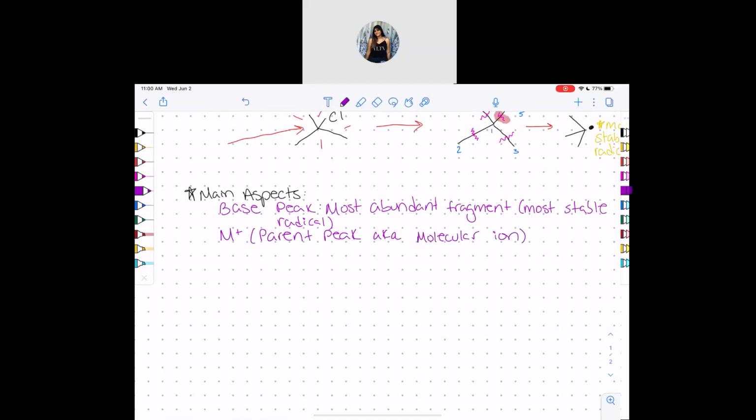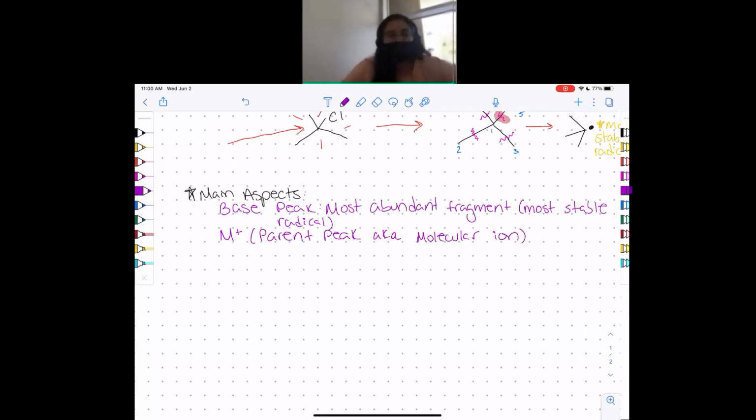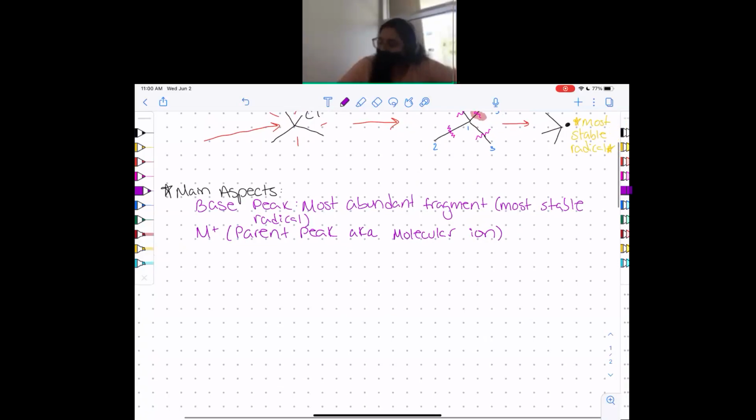I don't know why they give things a bajillion names, but the parent peak, aka the molecular ion, aka the M plus peak, is essentially going to tell you the mass of the entire compound.